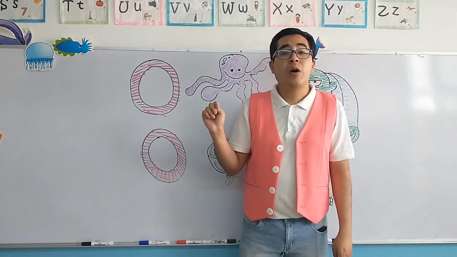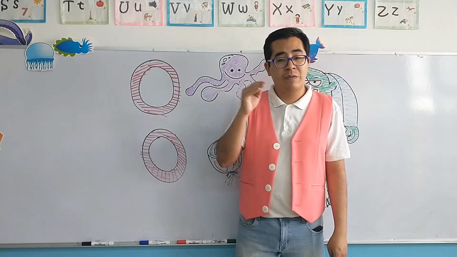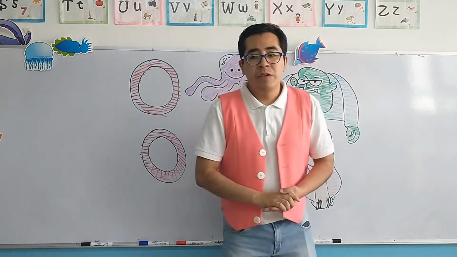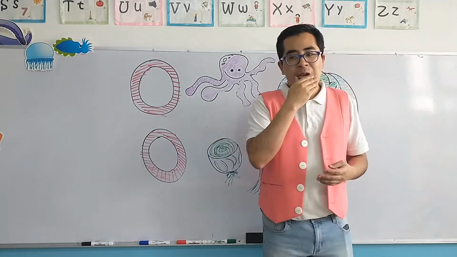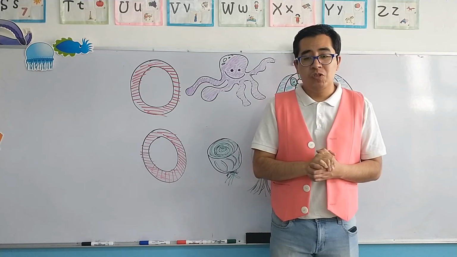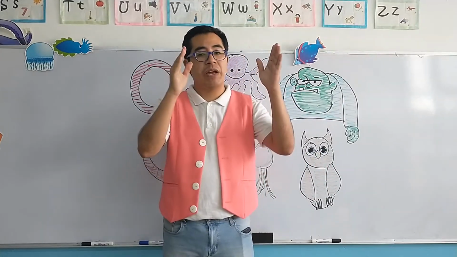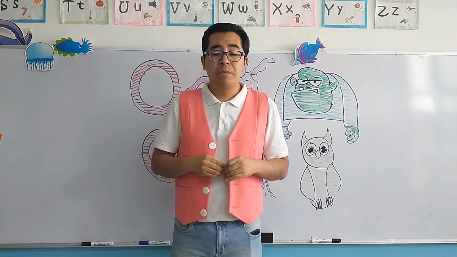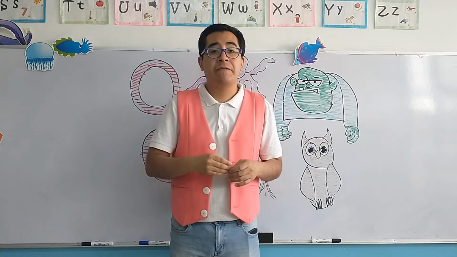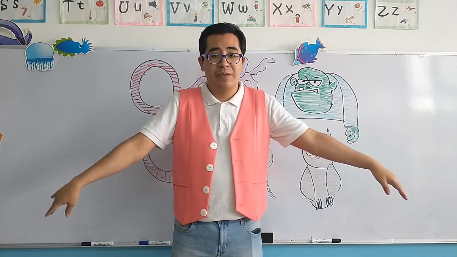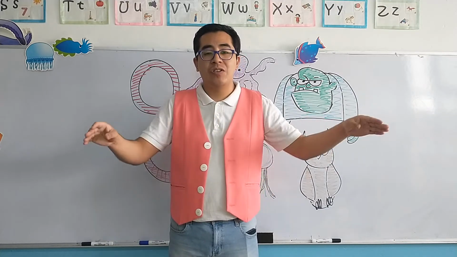Now, let's see objects and characteristics of these objects of the letter capital O. First of all, we have the octopus. Now, the octopus, remember, my children, in Spanish, pulpo. The octopus is an animal of the sea, and it has several arms, okay, and it's not dangerous.